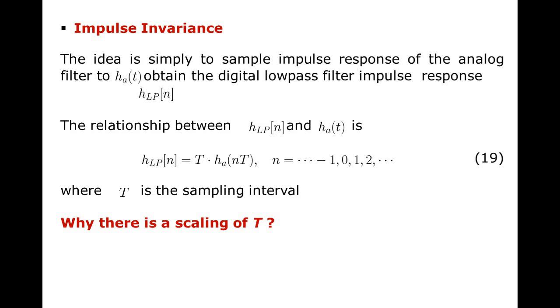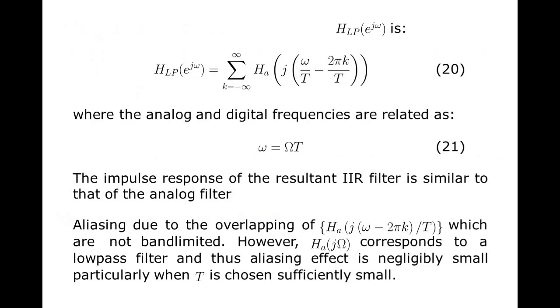The relation between HLP of n and HA of t is HLP of n equals T times HA of nT, where n goes from minus infinity to plus infinity, and T is the sampling interval. Now why is there a scaling of T, why is the capital T sampling interval needed? Because HA of t is the analog impulse response, and it has to be sampled, and therefore we have to use T.